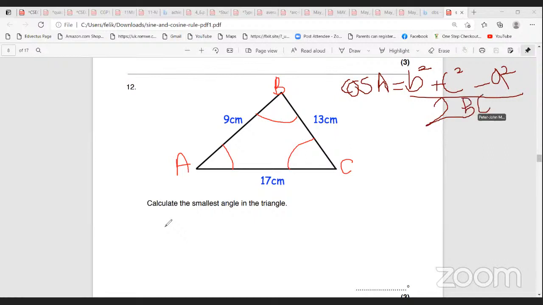B and that C, common letters. Thank you, Peter.